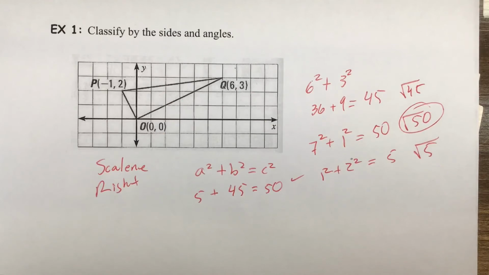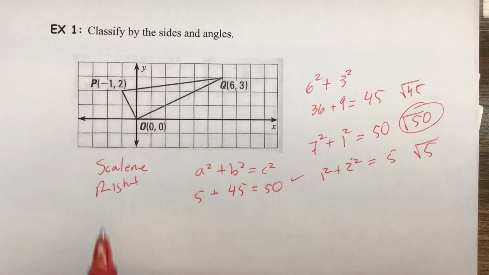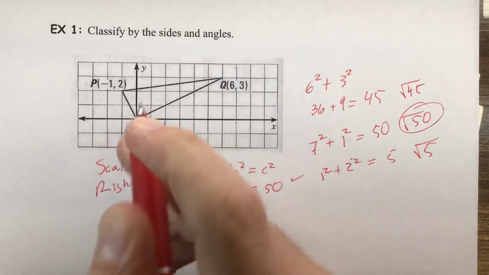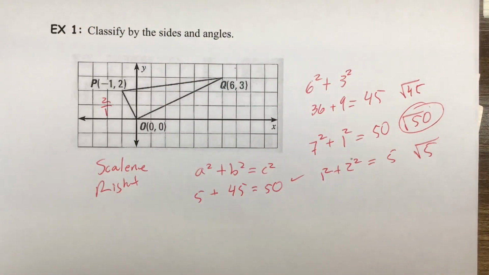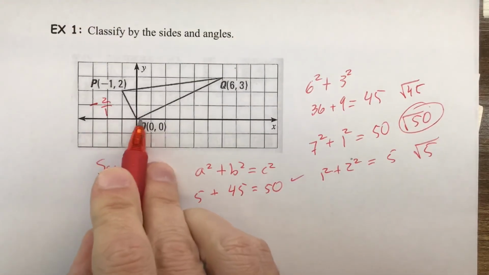As an alternative, what we could also do is look at the slopes of the lines that intersect with each other. The short one we were just looking at has a vertical change of 2 and a horizontal of 1. So the slope there is 2 over 1, except that it is going in a downward direction, so it would be negative 2 over 1.